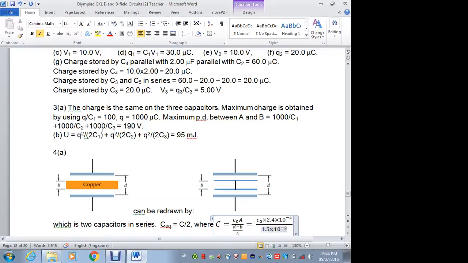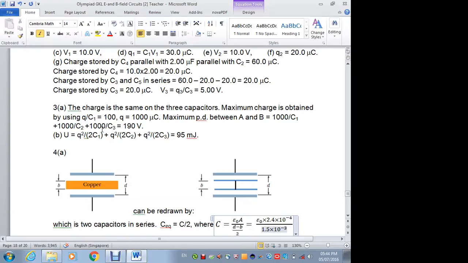So equivalently, you can draw two plates here, and it turns out that it becomes two capacitors in series. If it's two capacitors in series, then the equivalent will be C over 2.